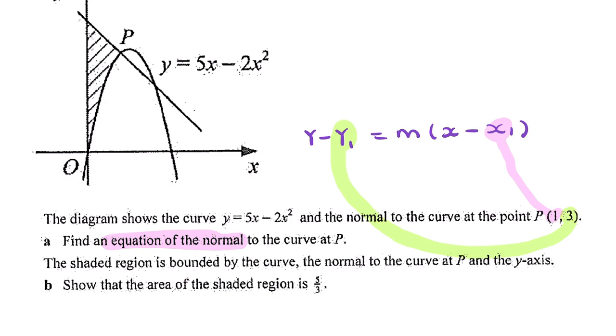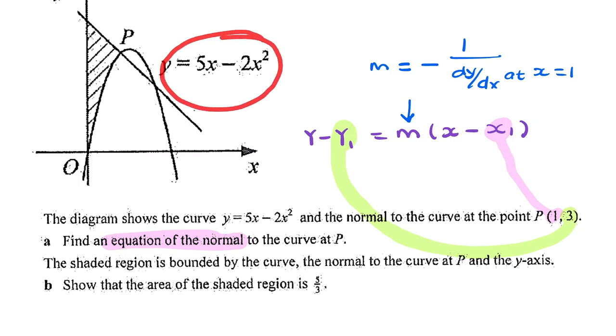So m will be equal to the negative reciprocal of dy by dx at x equals 1. So let's first find dy by dx. So that's step number 1.